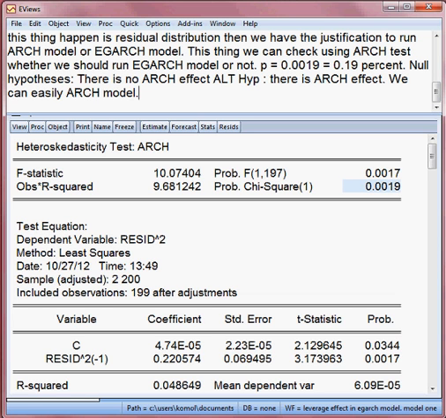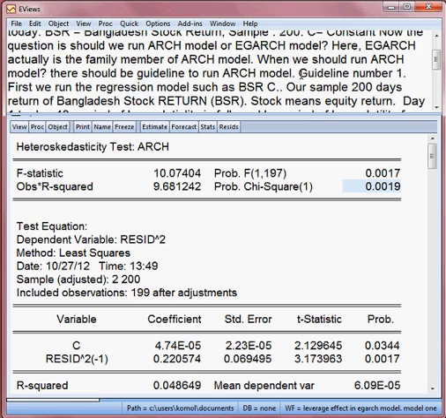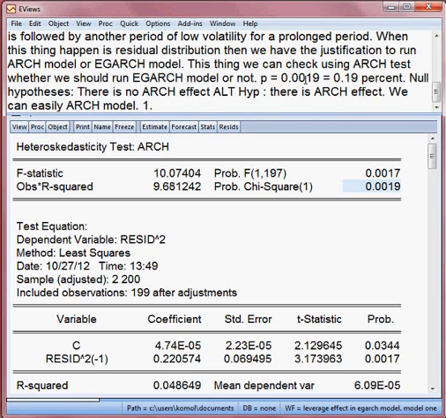Okay, so actually there are two conditions. Number one condition is the one that I said previously: when a period of low volatility is followed by a period of low volatility, and when a period of high volatility is followed by a period of high volatility, then we should run the arch model.